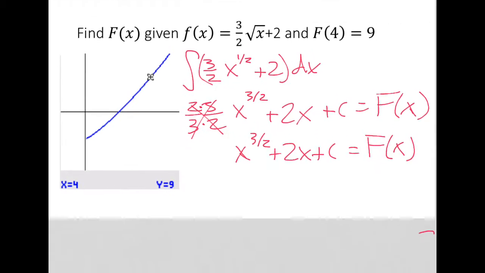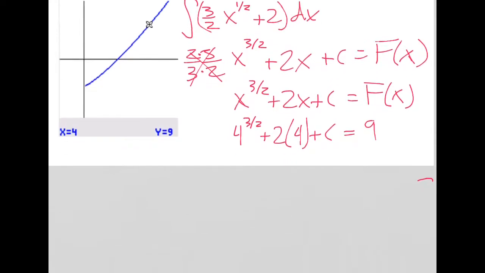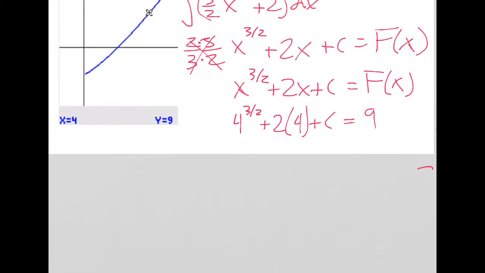But we know a point on big f of x, we know that the x value is 4 and the y value is 9. So we get 4 to the 3/2 plus 2 times 4 plus c equals 9. So 4 to the 3/2, that's telling you to cube 4 and then take the square root of your answer, or it's telling you to take the square root of 4 and then cube that answer. So I'm going to take the square root first because that's easier. Square root of 4 is 2, and then 2 cubed is 8.